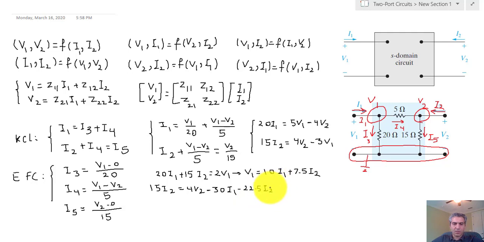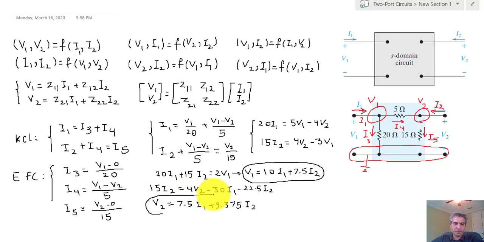And we can manipulate this, and based on that, write V2 is equal to 7.5 I1 plus 9.375 I2. So now these two equations, this and this, is what we were looking for.